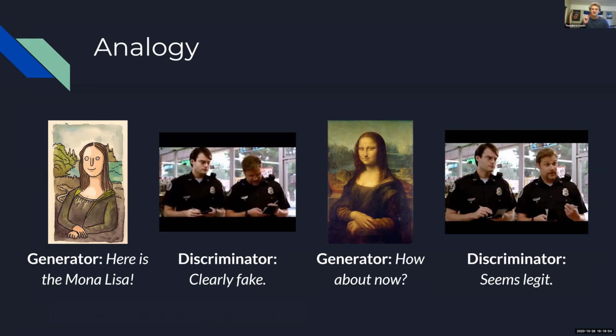And though it might not be the exact same as the true image of the Mona Lisa, if your discriminator isn't good enough, it's going to say, that seems legit, it looks good enough, and it's going to give it a positive score, or a score of that's real. And so there's sort of a game going on: the generator is going to improve itself and create better and better images, and the discriminator is going to improve itself and get better at detecting the fake images. And that's sort of the game that's being played to train your model.